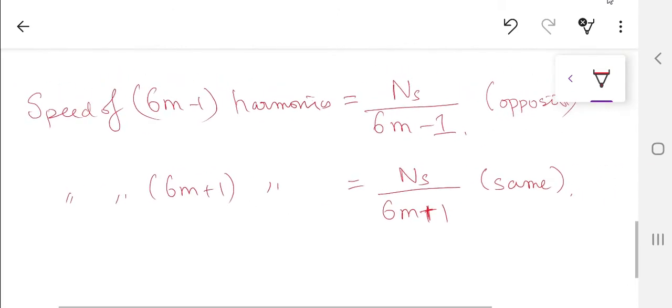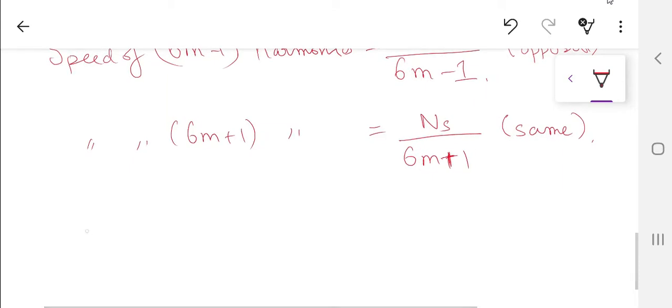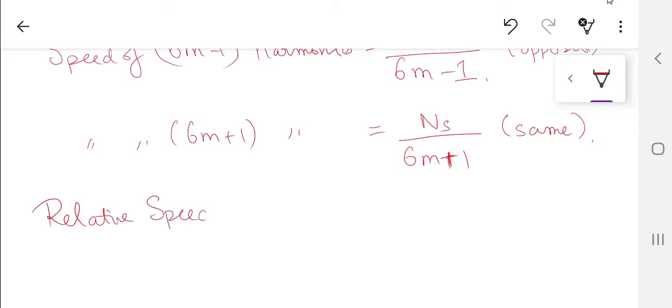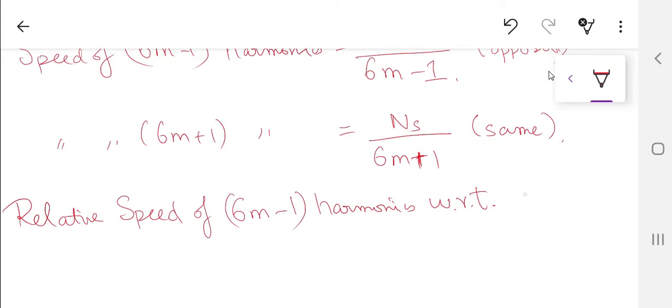Okay, now a very important thing here is the relative speed of the 6m minus 1 harmonic with respect to the fundamental.